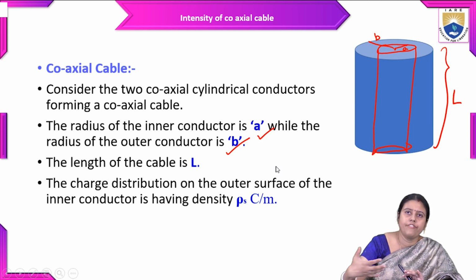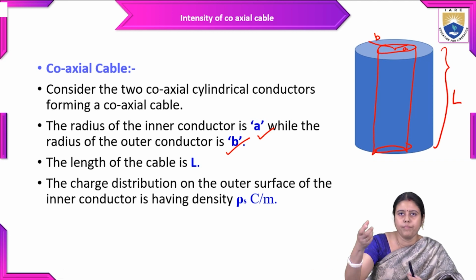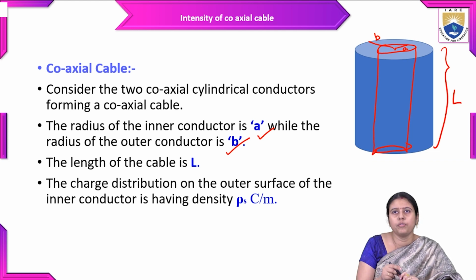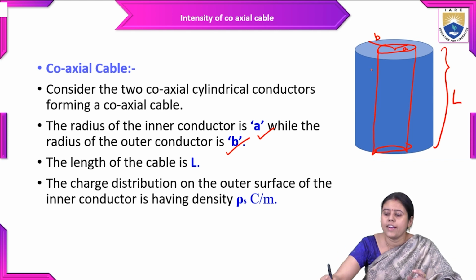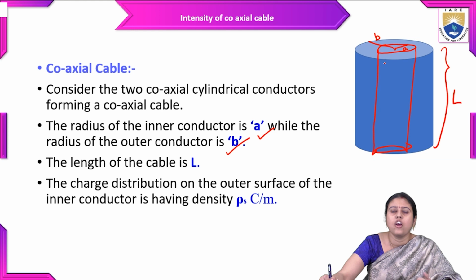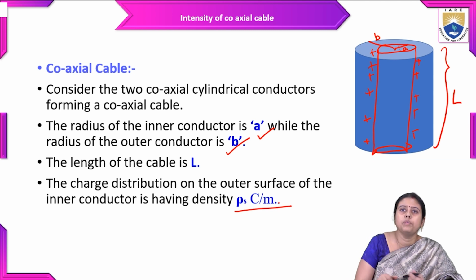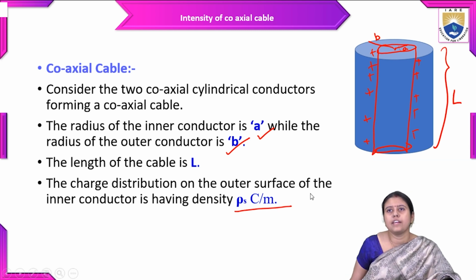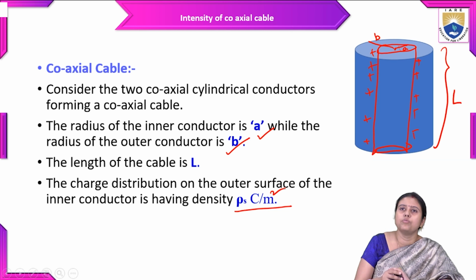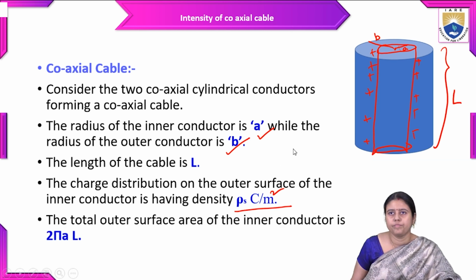Again, this is a surface, because a coaxial cable has some width, so we cannot take the charge as rho L. We know the general tendency of charge is to stay on the outer surface. So the outer surface of the inner cylinder has surface charge density rho s coulomb per meter square.